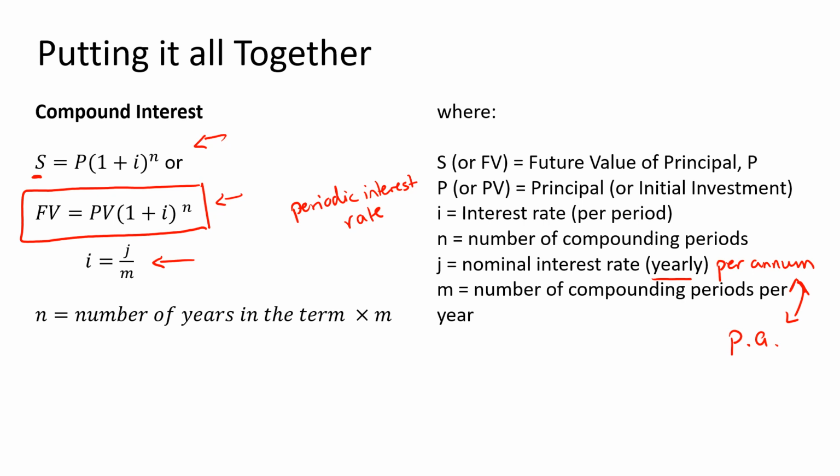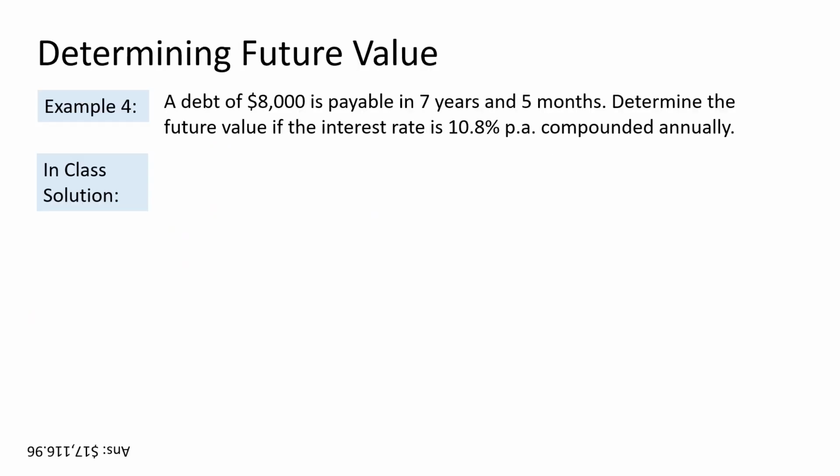It's important for you to know that this calculation is for per year, and your calculation for n is for the entire investment. It's a subtle distinction, but it is one that I see a lot of students make a mistake on. So keep that in mind when you're looking at these questions.